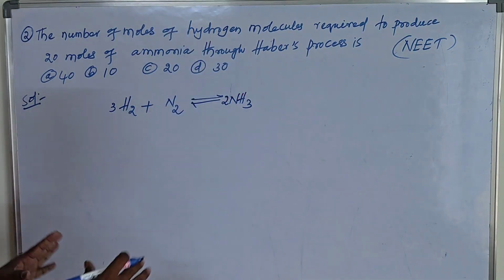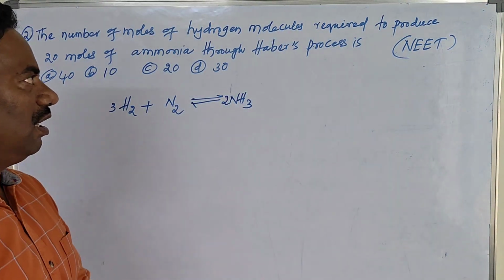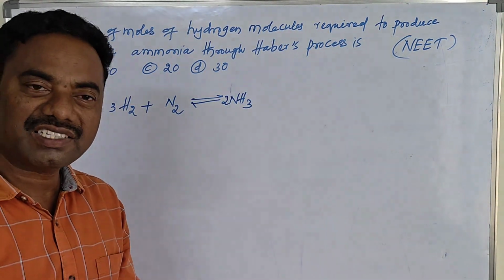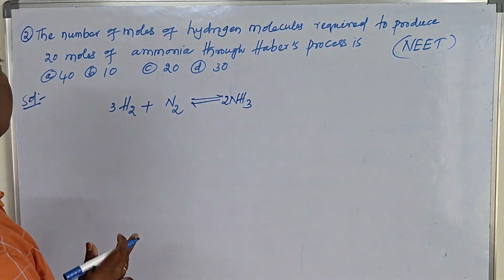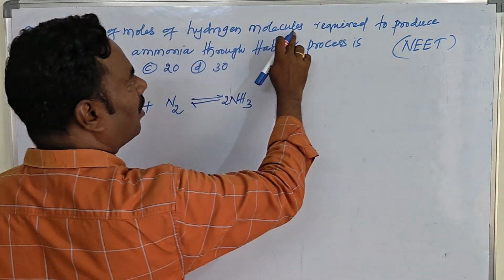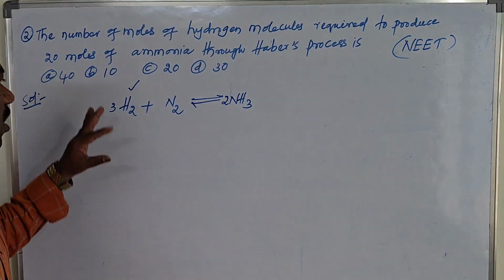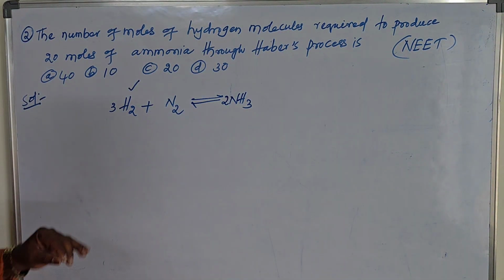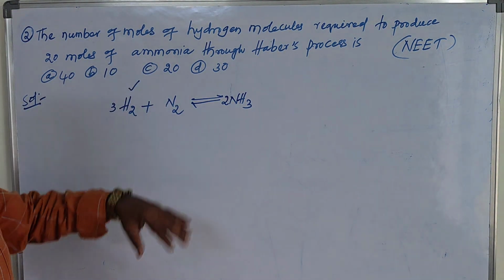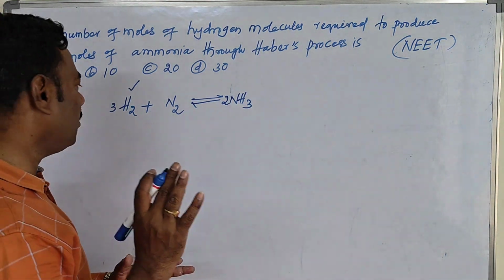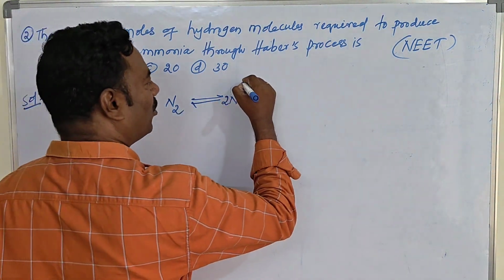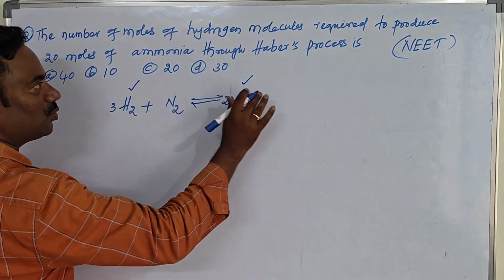After reading this problem, we get an idea about what they are asking and what is given. The number of moles of hydrogen molecules required. They are asking the question on hydrogen, to produce 20 moles of ammonia. There is a relation between hydrogen and ammonia, so we take those two only.